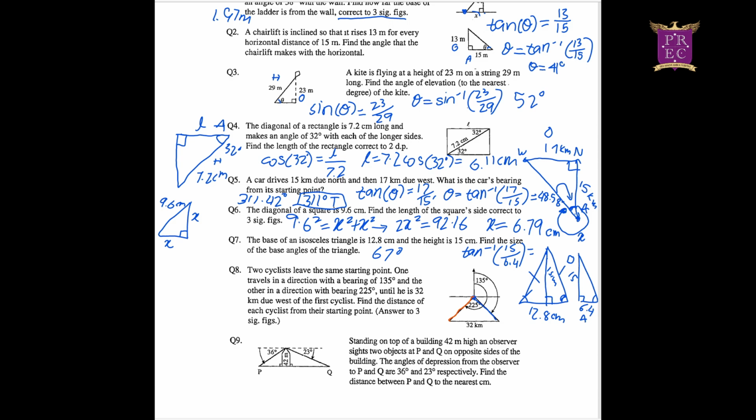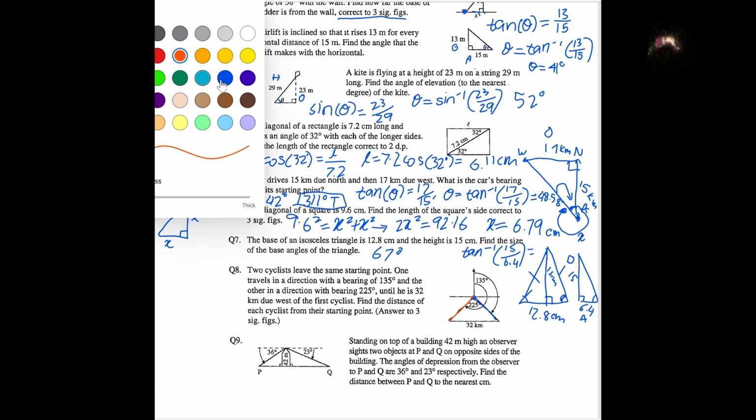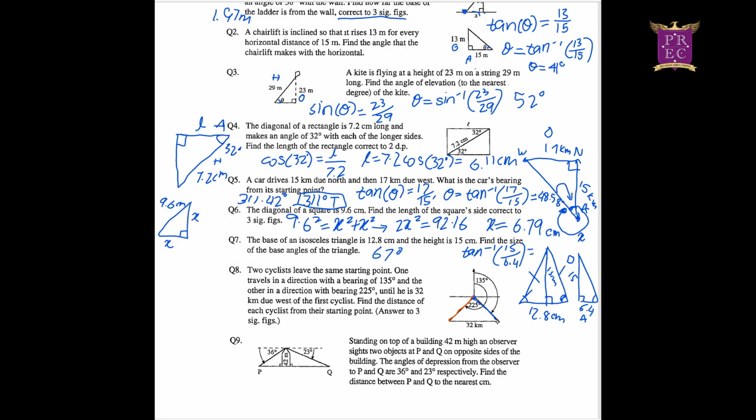Now what are they asking us? They're asking us to find the distance of each cyclist from their starting point. So we know that they're 32 kilometers apart. What we need to find out is the distance of this one.